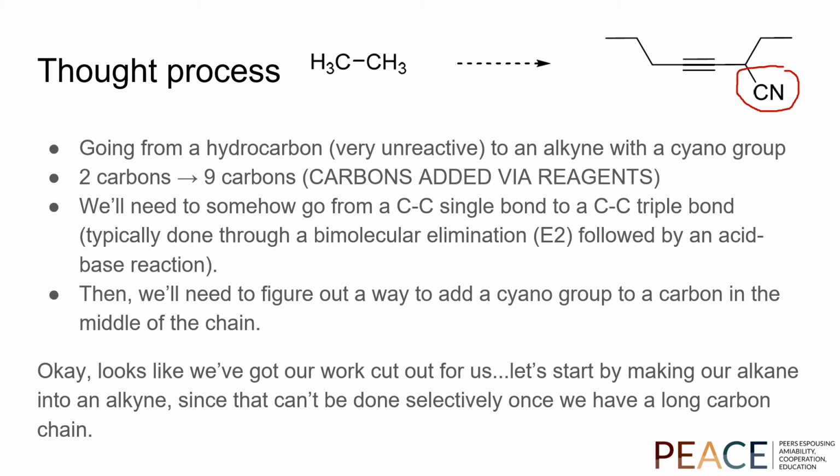The reasoning behind this is that if you were to create the long carbon chain first, there's no selective way to create our triple bond wherever we want. So the first priority should be changing from a single bond to a triple bond. So let's start with that.